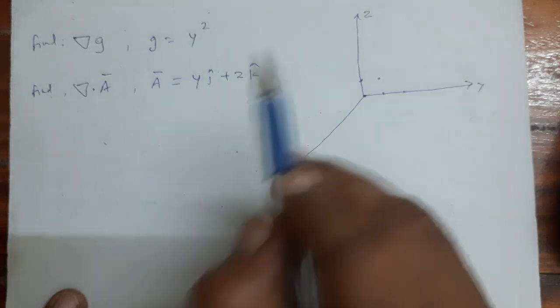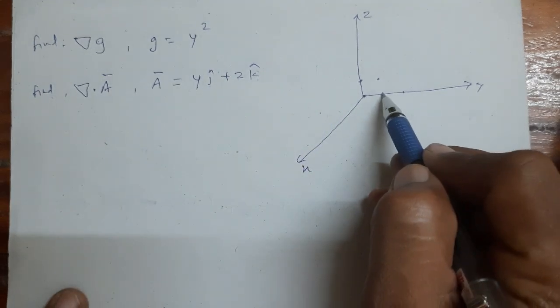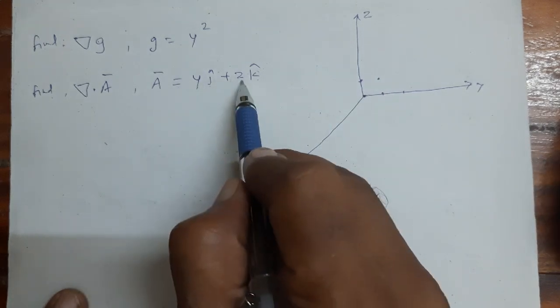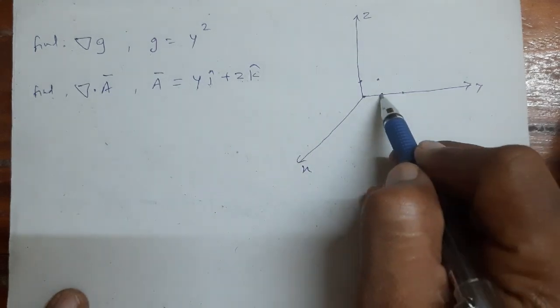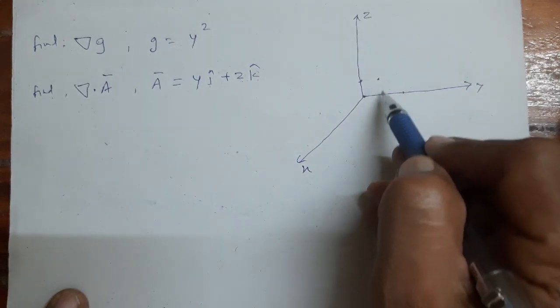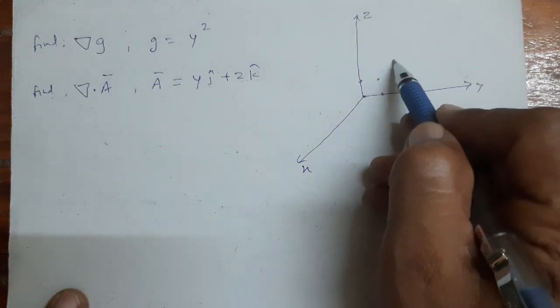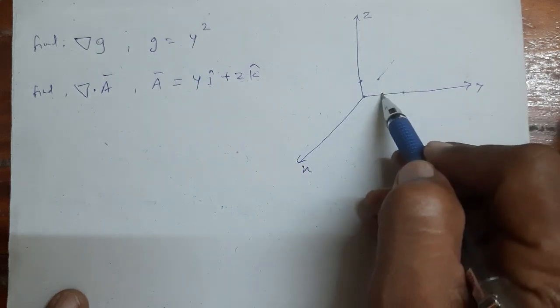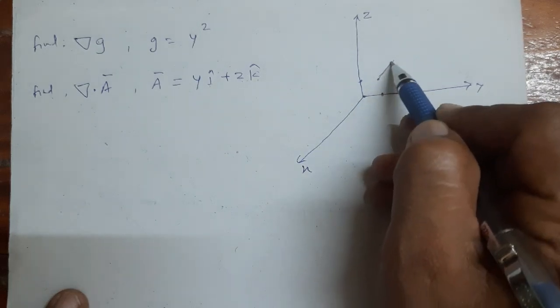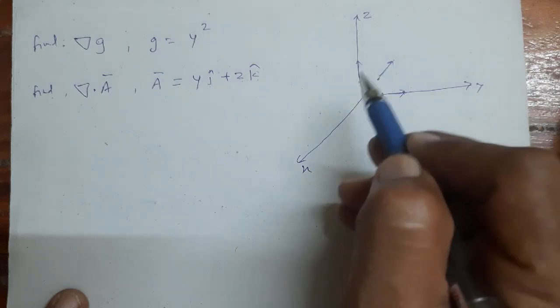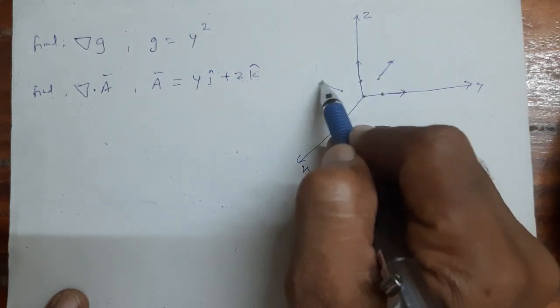Again we have done this in the xy plane. For example, suppose here it is the point 0 1 1, then 0 1 1, that is 1 j cap plus 1 k cap. That means the vector will be somewhere along this direction from here. This point is 0, 1, 0. Therefore, the vector will be along this direction. Somewhere here the vector will be along this direction.